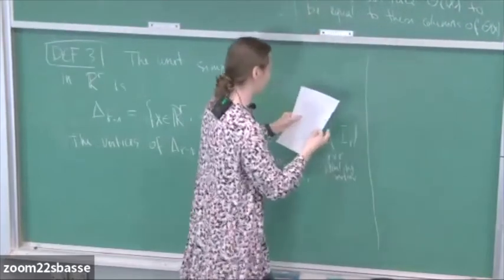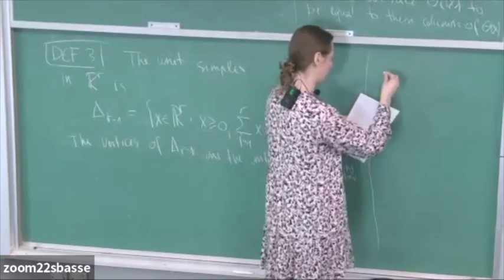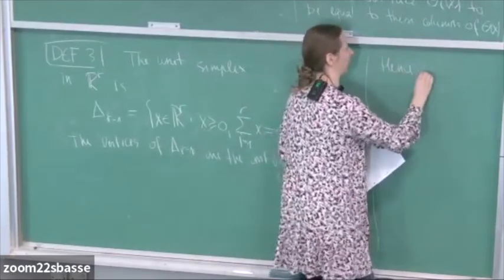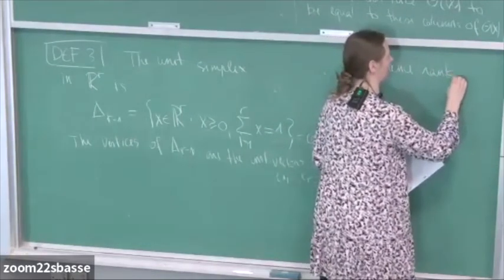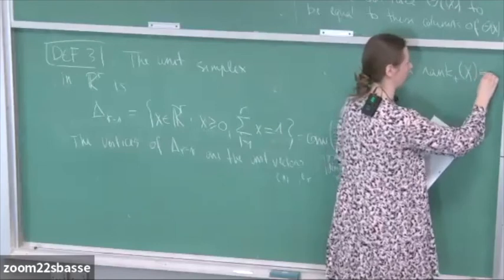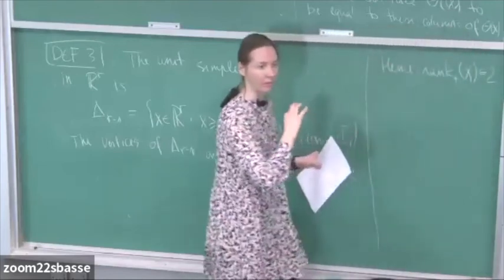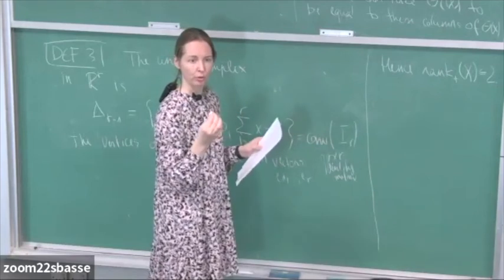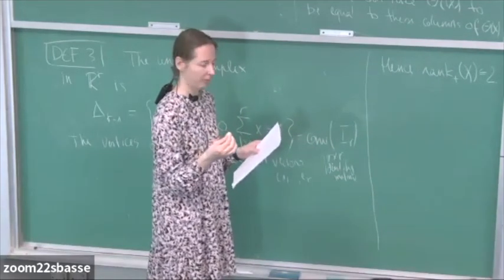So I'm going directly down. Hence, the non-negative rank of X is less or equal than 2, because we have found this W, or delta W, with 2 vertices. Okay.